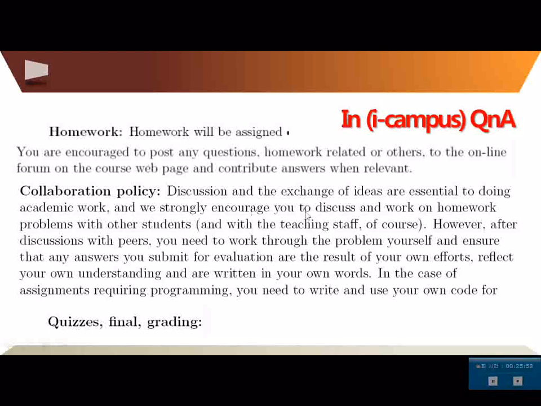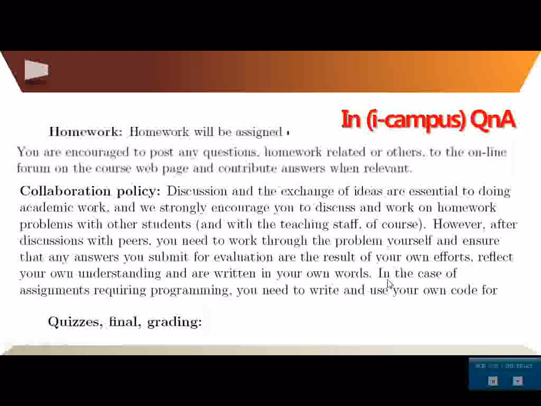So we strongly encourage you to discuss and work on homework problems with other students. But each of you will submit your own homework set through the iCampus homework box.